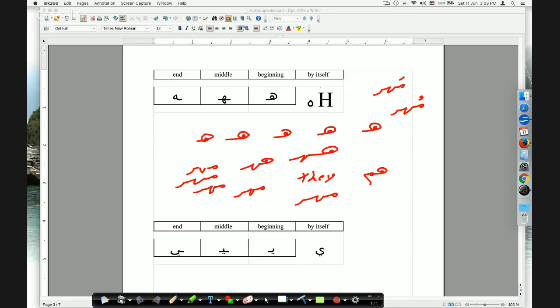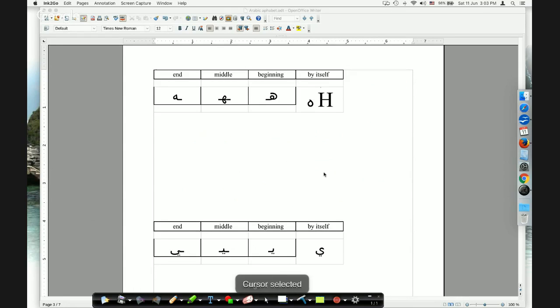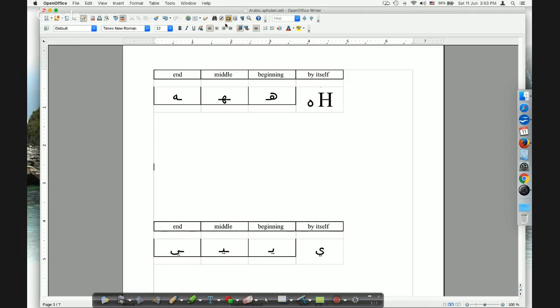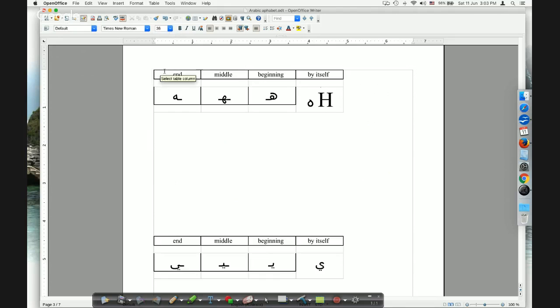So now if we type the word mahar or mohr in a print text, let us see how it's going to look. I'm typing in English. Hold on.